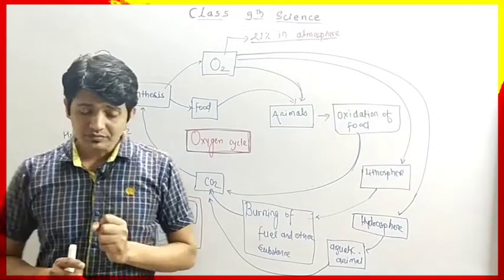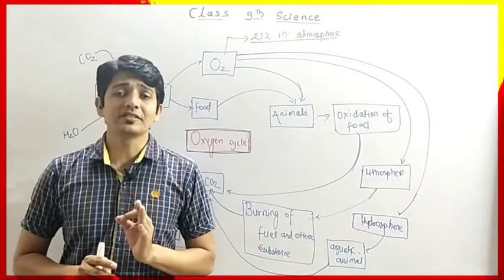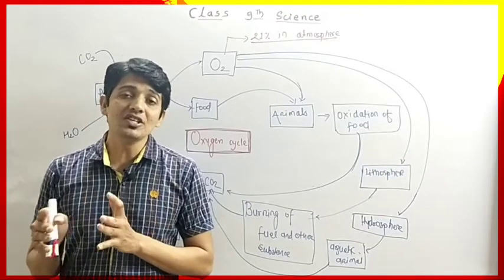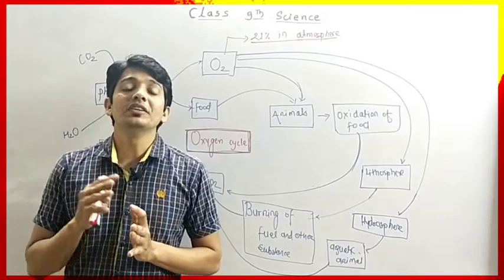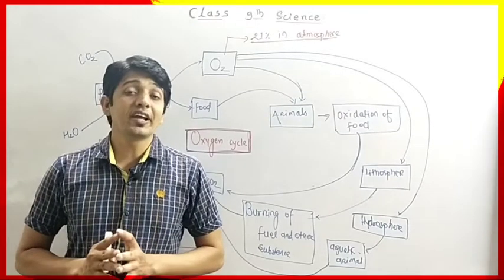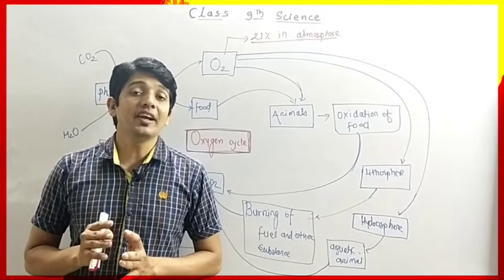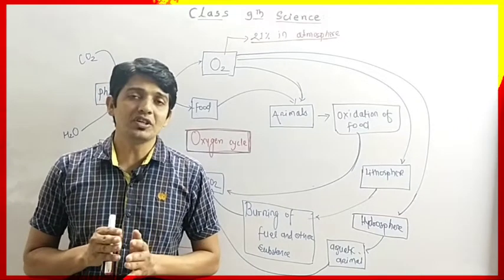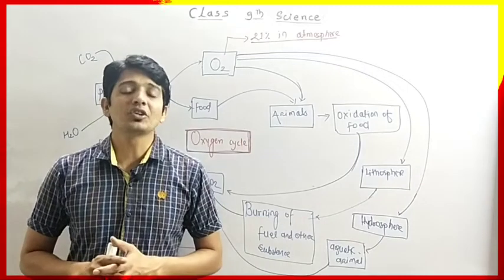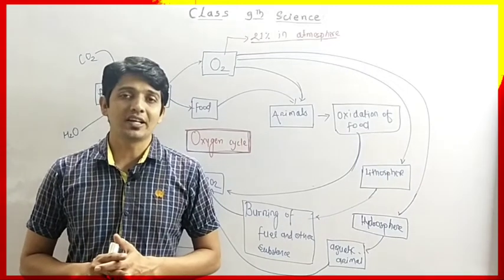Most of the oxygen is released and absorbed within the biosphere. So what is the oxygen cycle? The distribution and circulation of oxygen in the biosphere and atmosphere is called the oxygen cycle.